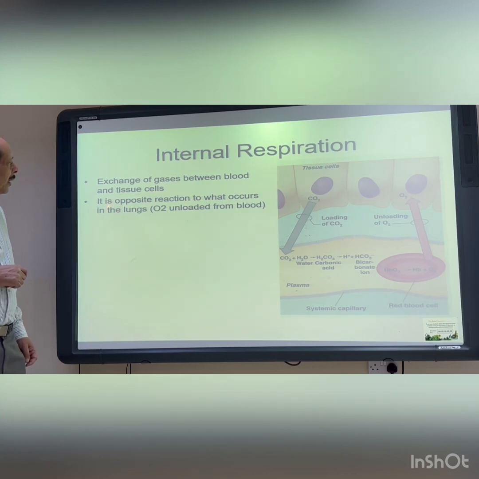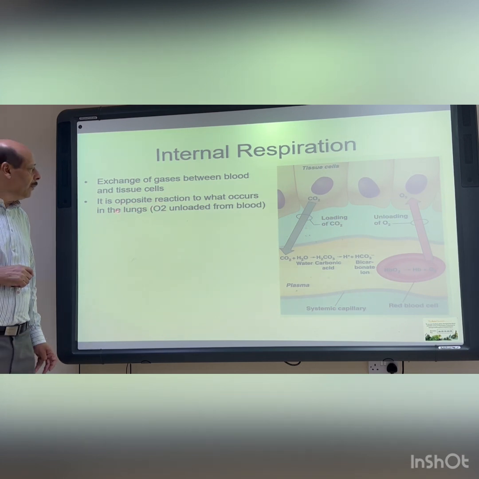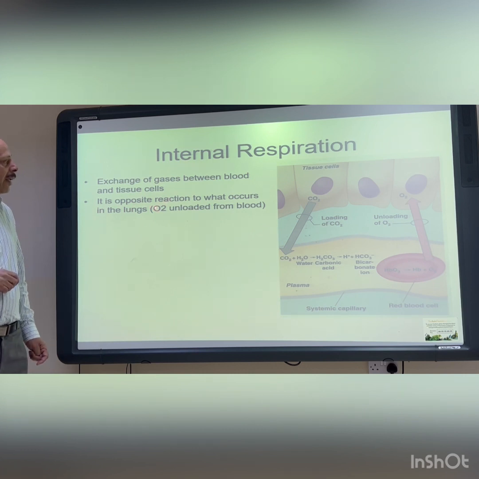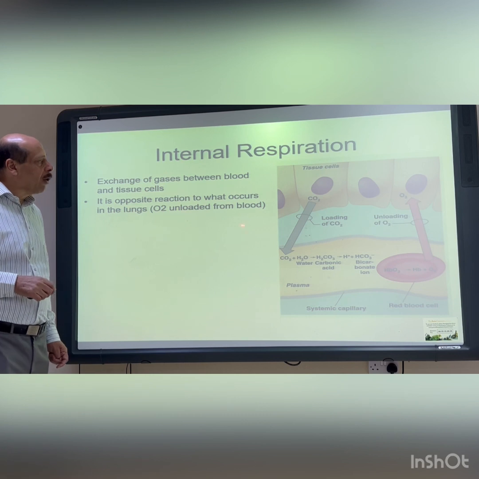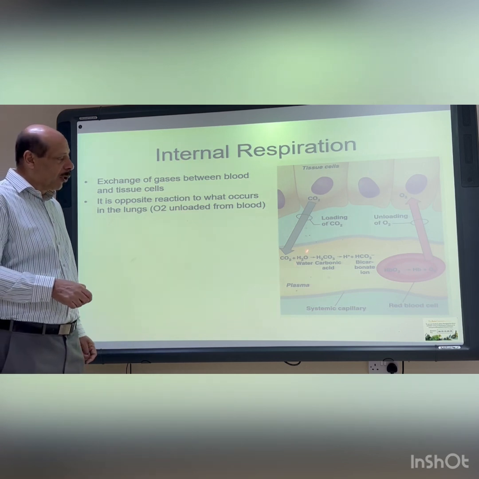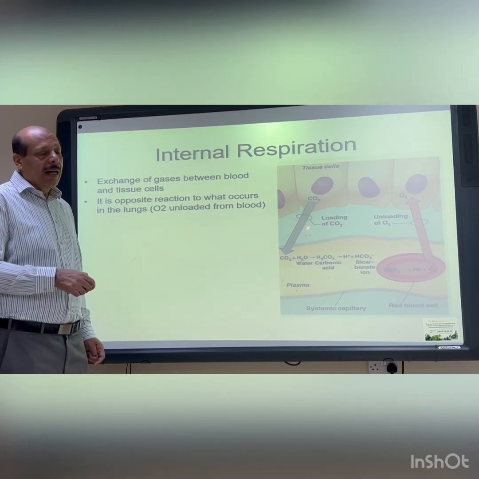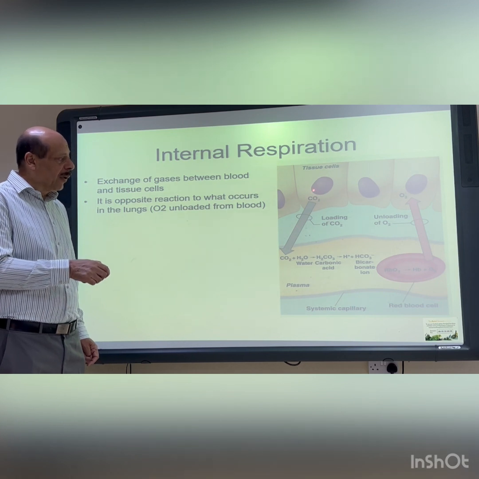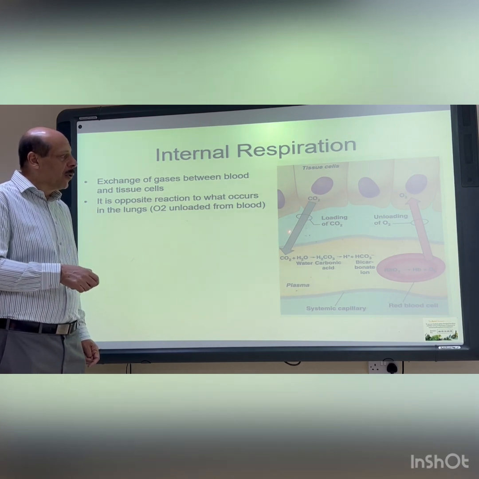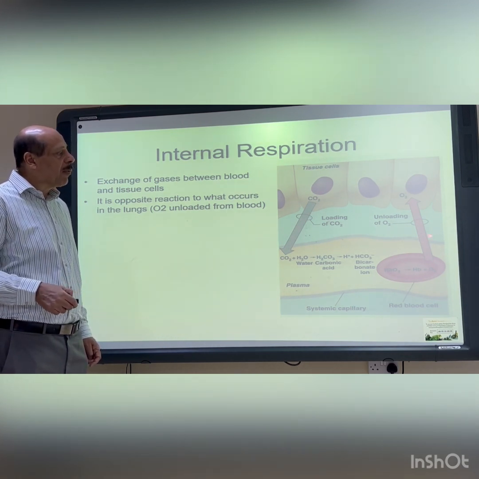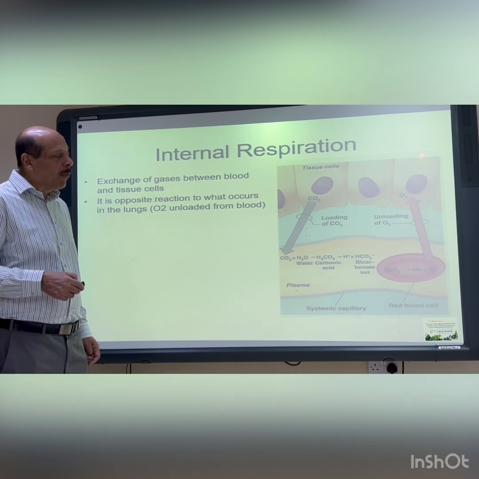It is the opposite of what happened in the alveoli. So oxygen will be unloaded from the blood to the tissues because it has the higher concentration, and carbon dioxide will be uploaded in the blood.